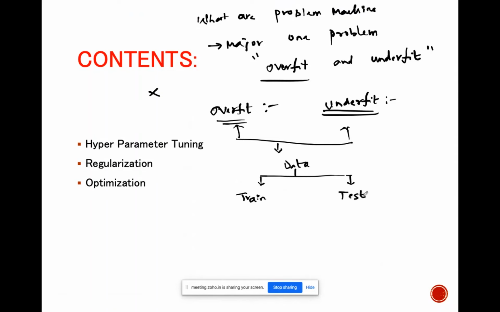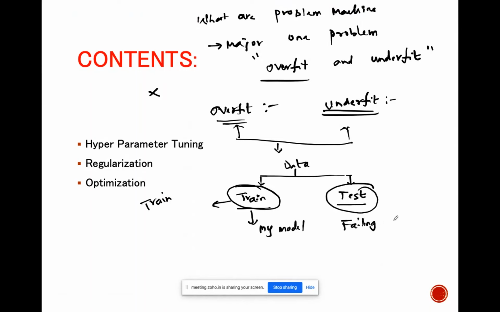My model is able to perform well on the training data set and fails to generalize. This will lead to the overfit.